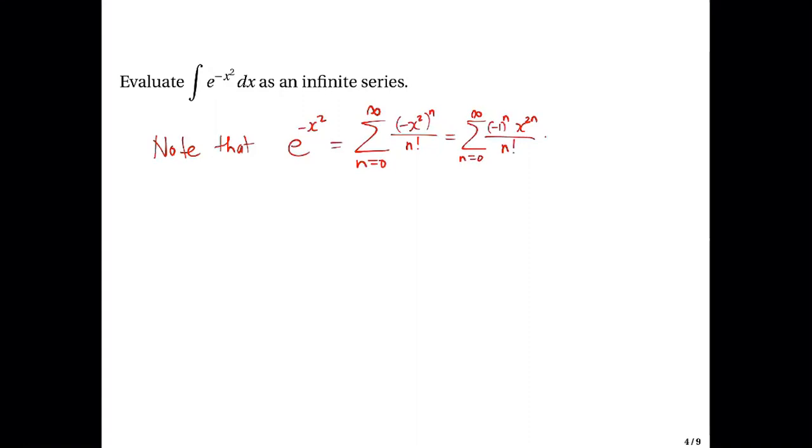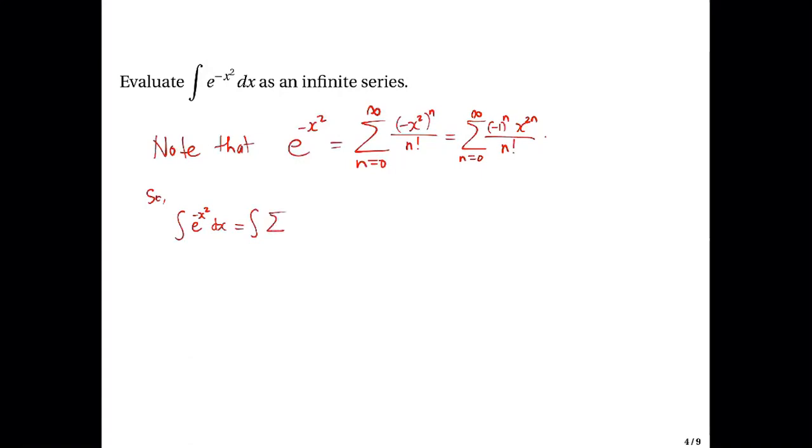Therefore, we get the indefinite integral here. So the integral of e to the minus x squared dx is equal to the integral, and then we now use the power series representation, or the Maclaurin series.